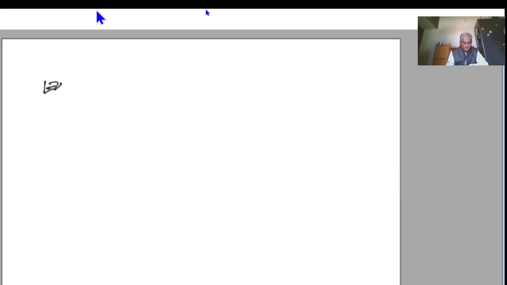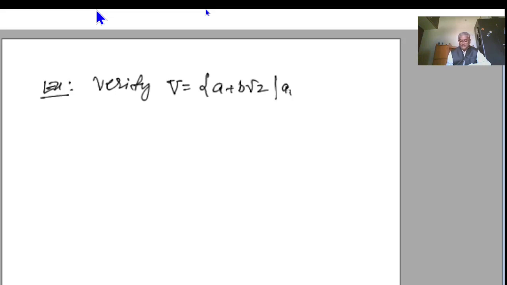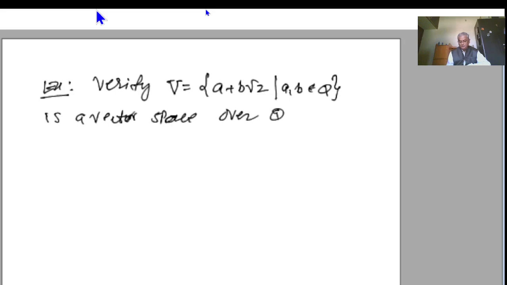Verify that V equal to the set {a + b root 2, where a, b belong to Q}, Q being the set of rational numbers, is a vector space over Q.